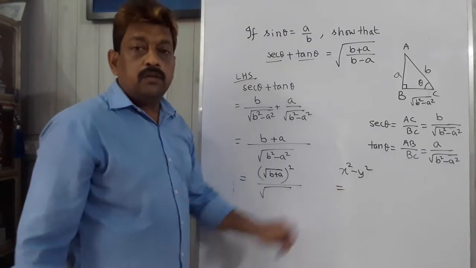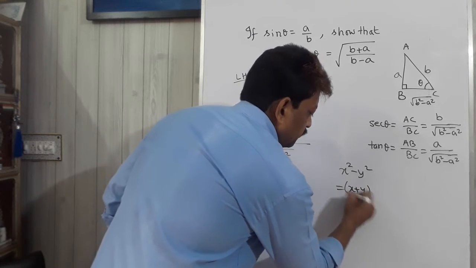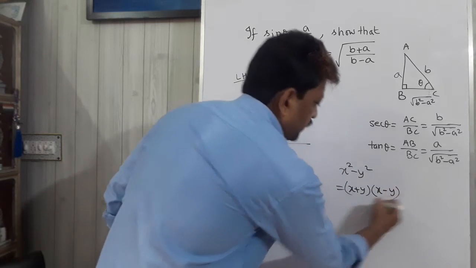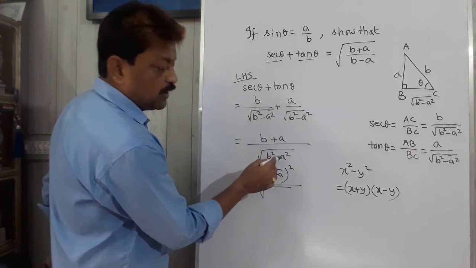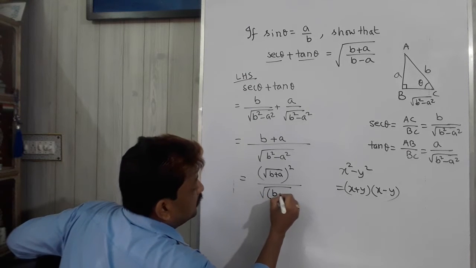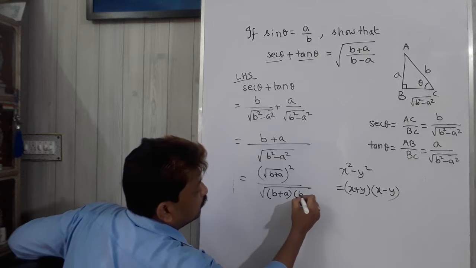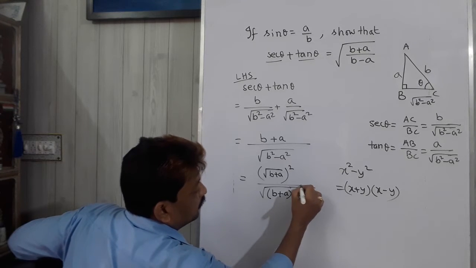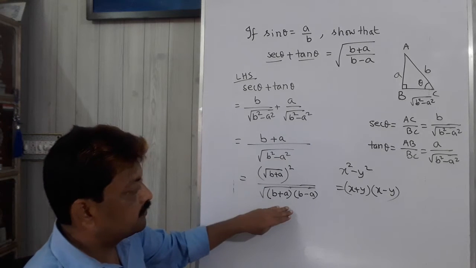This is an identity, you all know that it is x plus y multiplied with x minus y. So I am going to use this identity here. It is b square minus a square, so it can be written as b plus a multiplied with b minus a. Is it clear? Are you getting it?